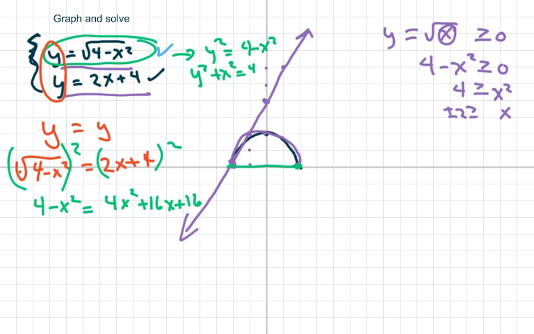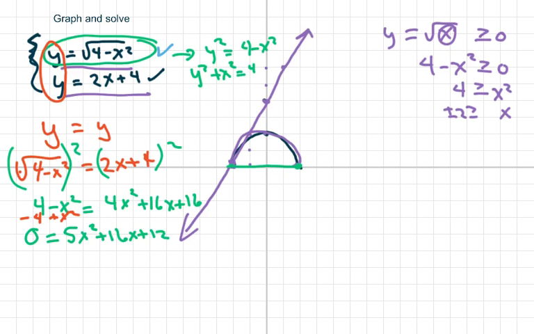Now I'm going to simplify this and move everything over so you get 0 equals 5x squared plus 16x plus 12. Now basically what I did is I subtracted 4 and added x squared to both sides.